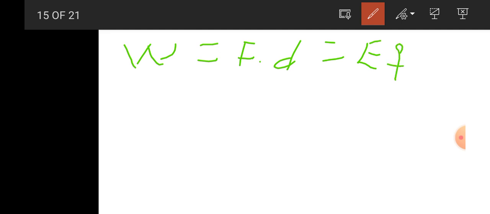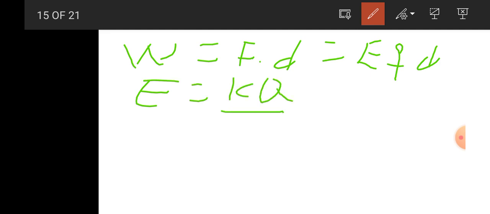work done is equal to force times distance. Force is electric field strength times charge, times distance. Electric field strength is equal to K times Q over R square, where R square is distance square.